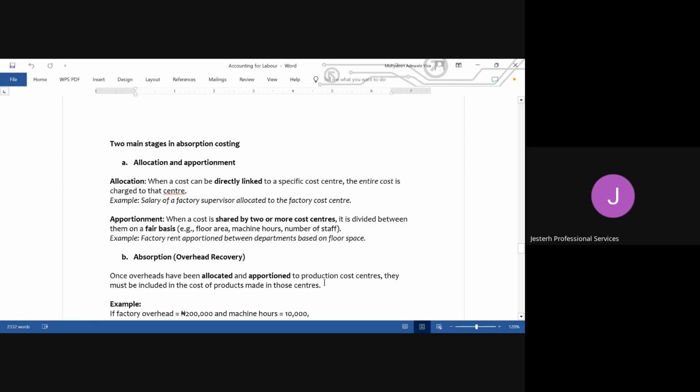Now, apportionment is when a cost is being shared by two or more cost centers, where it will be divided between them on a fair basis. What I mean by fair basis is, like I made mention, using the scenario of the electricity, or the scenario of the total number of workers within those cost centers.